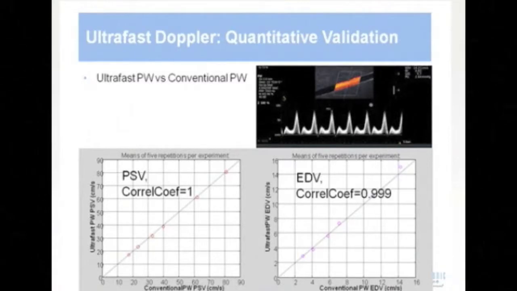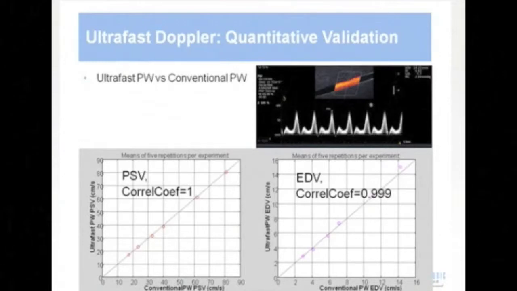So we compared that in a flow phantom, and you can see that by measuring the peak systolic velocity and the end-diastolic velocity for different velocity and scale settings, there is a quasi-perfect correlation between the peak velocity that you measure in PW and in ultrafast PW. This is important, because you can do the classical measurements that you do in vascular with this new mode.